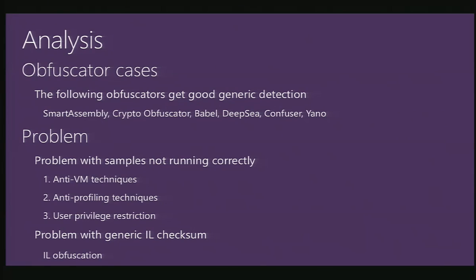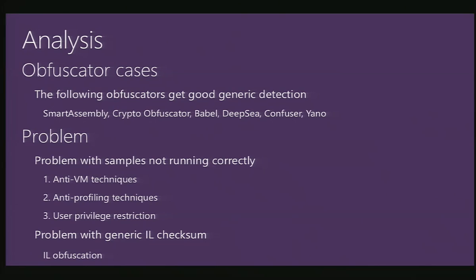I categorize them into two. The first is the problem with samples that are not running correctly. I divide the reason into three parts, since I have researched those samples and found that some of them use anti-VM techniques. And of course, some of them use anti-profiling. I didn't handle every anti-profiling case, I just handled the most popular one, which is checking the environment variable.